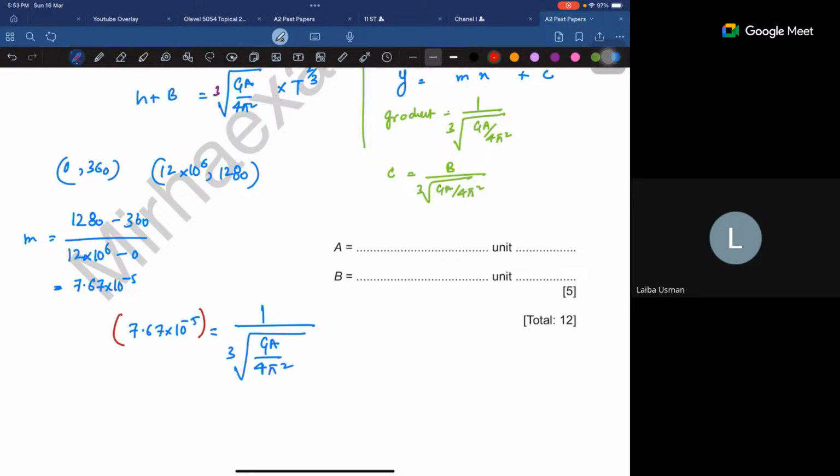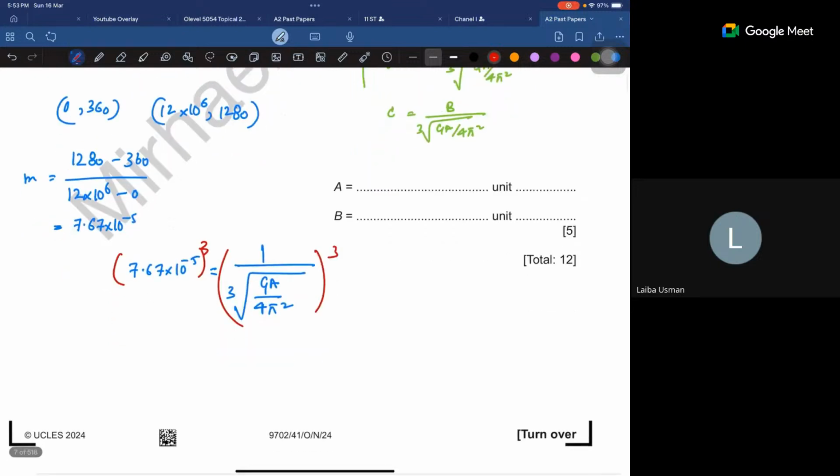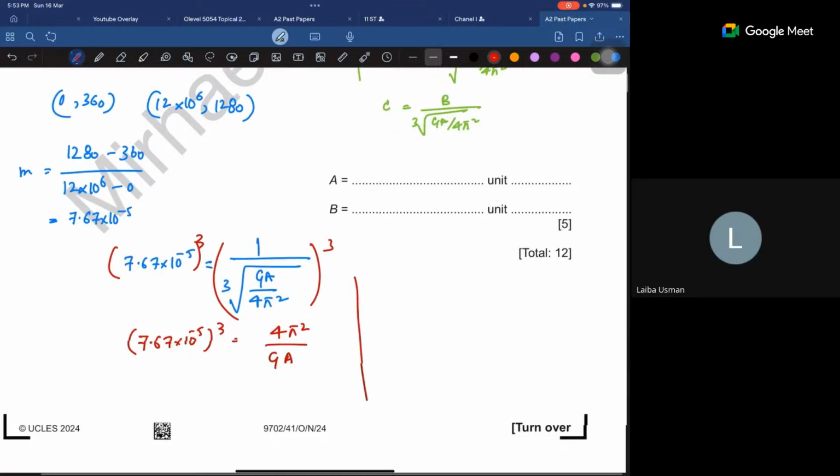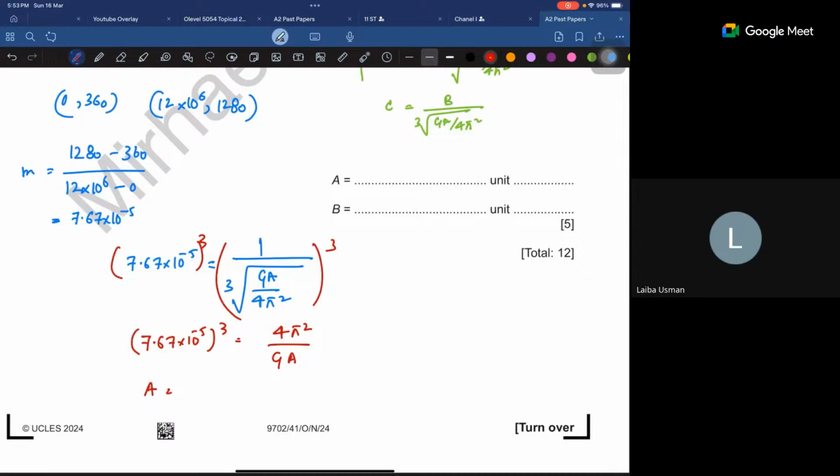So this will become (7.67 into 10 raised to minus 5) cubed equals 4π² over GA. Now, A is going to be 4π² over G, which is 6.67 into 10 raised to minus 11, multiplied by (7.67 into 10 raised to minus 5) cubed.